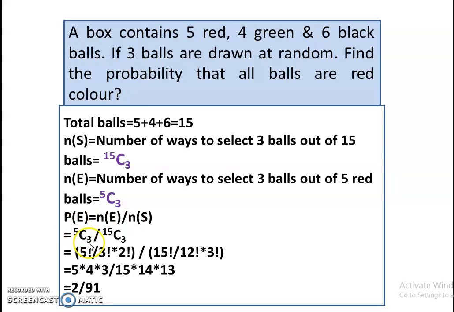So it will be 5C3 upon 15C3. Now in combination, we have discussed how to calculate combination. So after calculating these values, value will be 2 upon 91. So probability of getting all balls red is 2 upon 91, right?